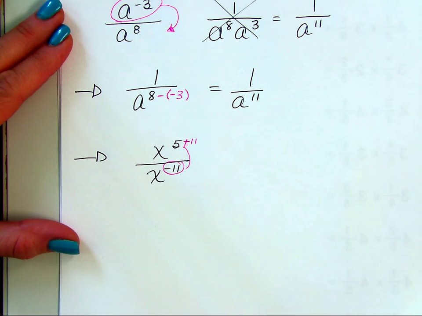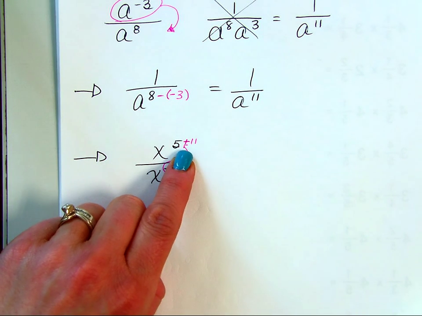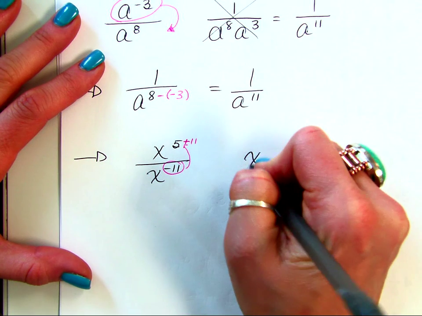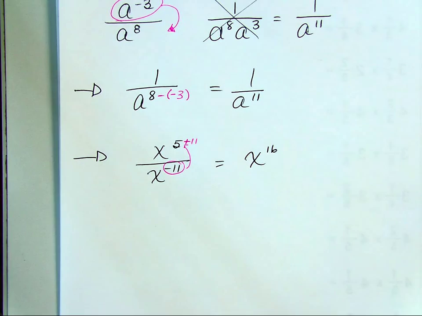And I'm not opposed to you putting a plus sign right there. Okay? So this answer is actually going to be x to the 16th, right? Not 6th. So be very careful with that.